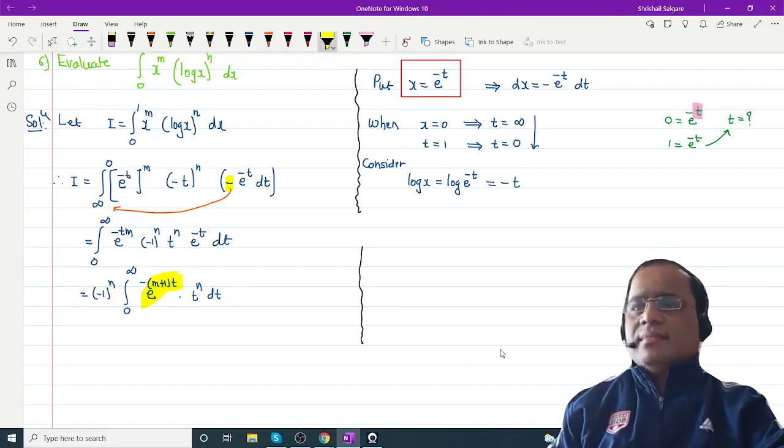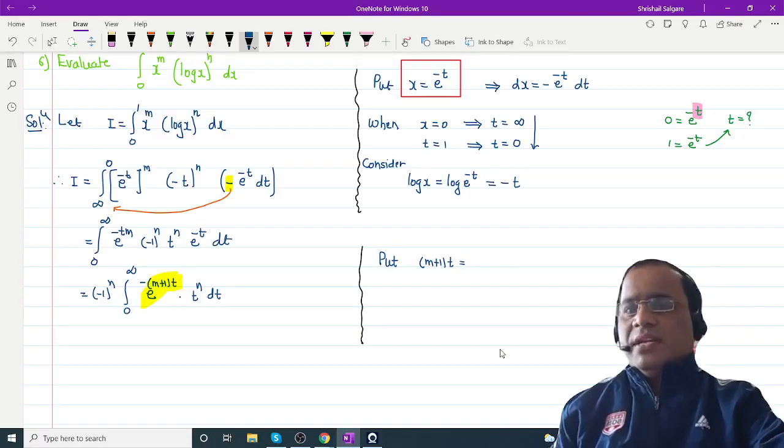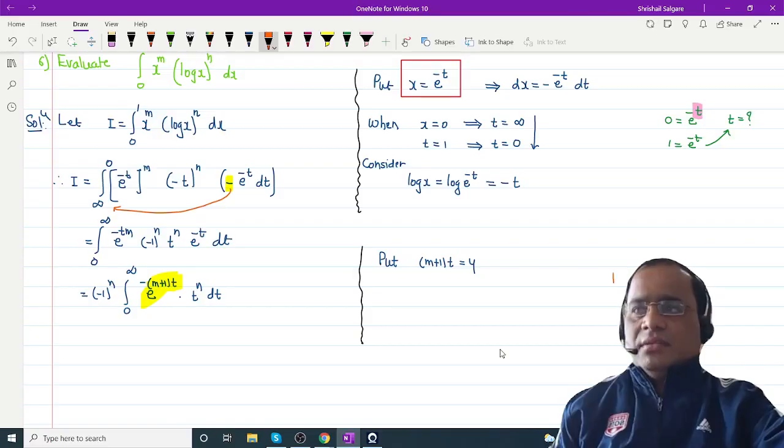Yes, Siddhi. Again you have to use the substitution. You have to put m plus 1 into t is equal to y, because in the gamma function, gamma n is given by integral 0 to infinity e raised to minus y into y raised to n minus 1 dy.